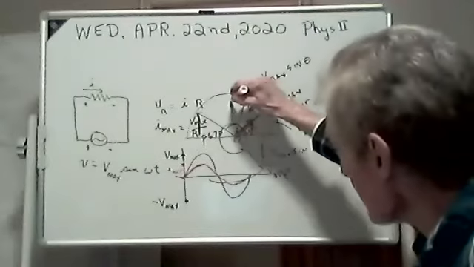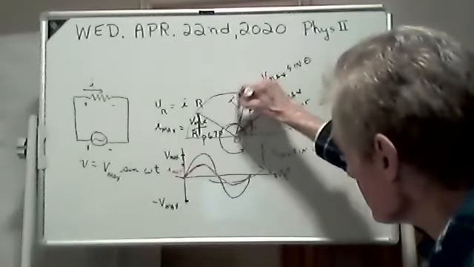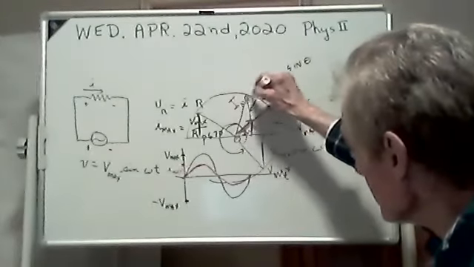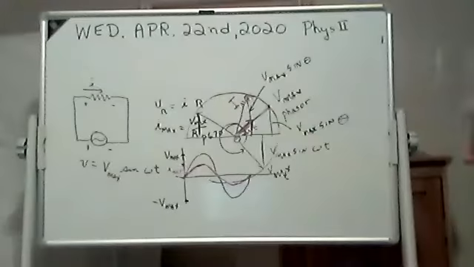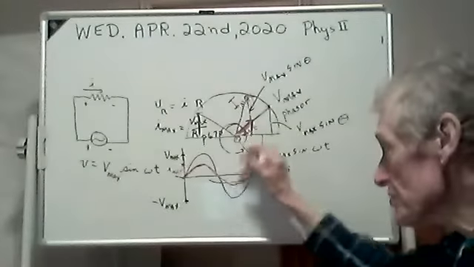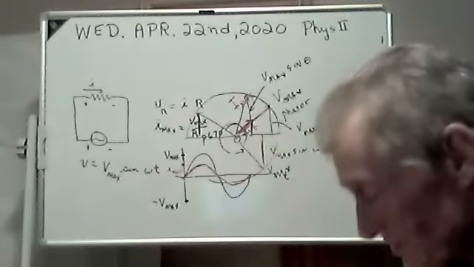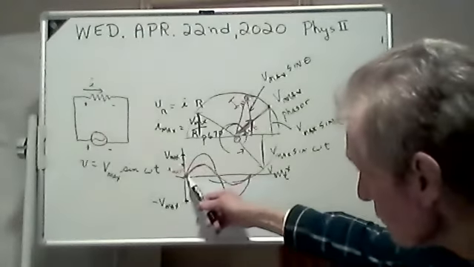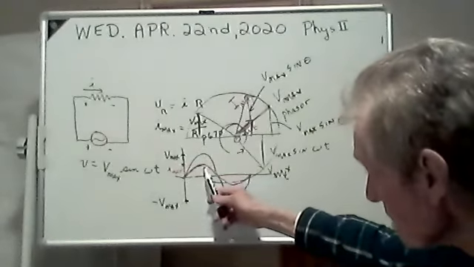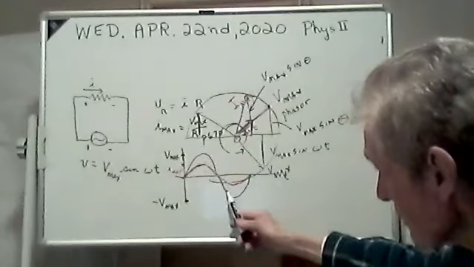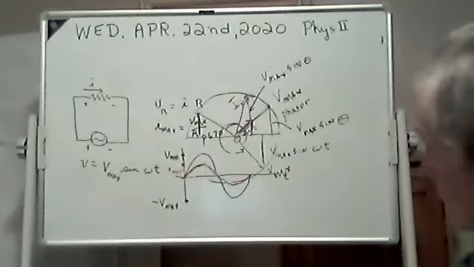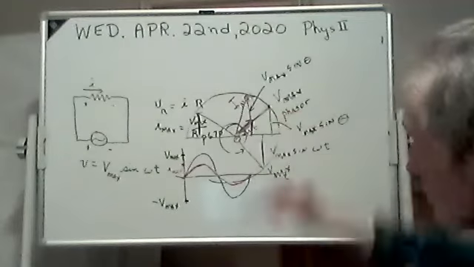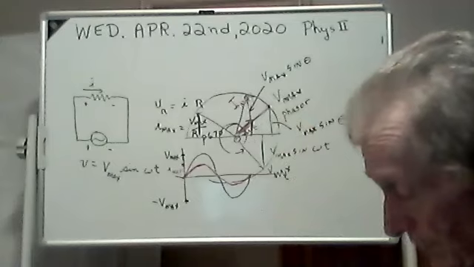That's Imax. That's your maximum current. And it spins around. It's in sync, I guess you could say. It just follows the voltage. When the voltage gets bigger, the current gets bigger. When the voltage gets negative, the current gets negative going the other way. And that's called your current phasor.